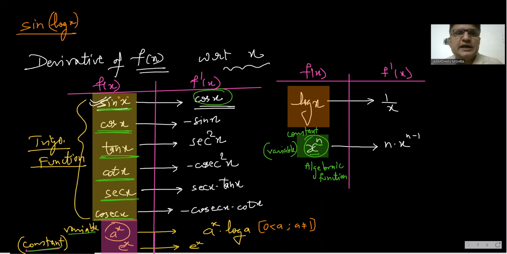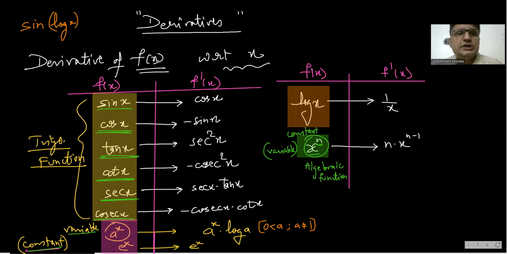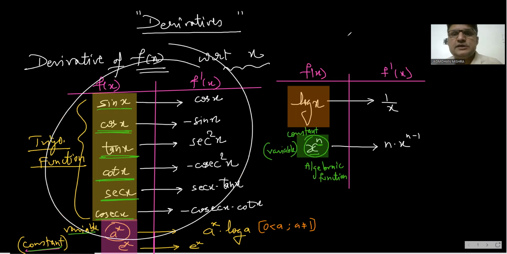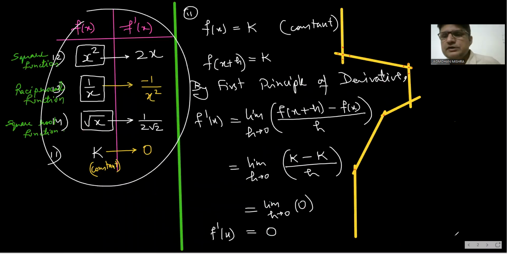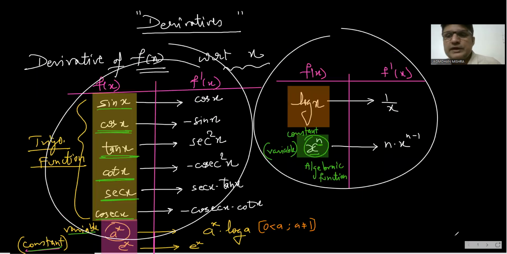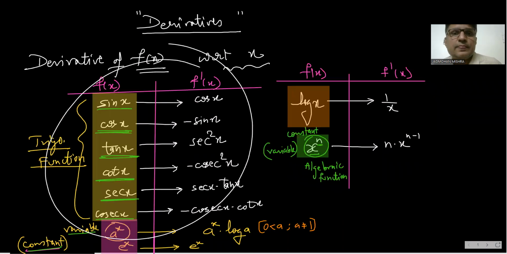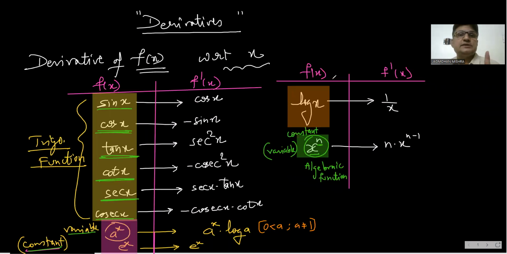So please understand that the list that you have here, my dear students, this list is only when you have the variable as x, nothing other than x. So sine of x, cos of x, tan of x, cot of x, sec of x.